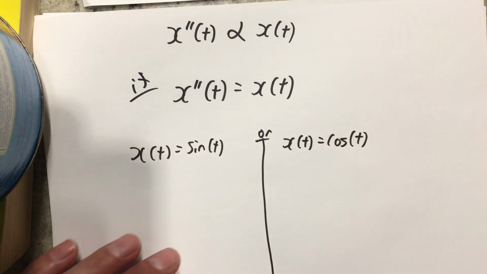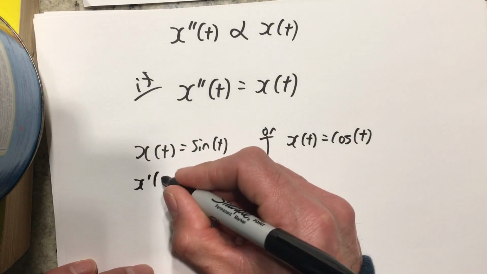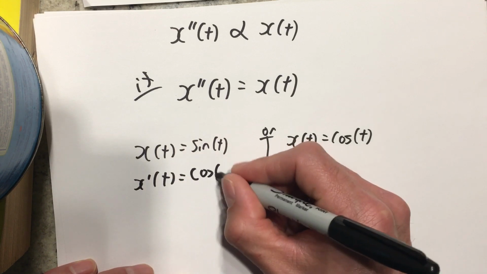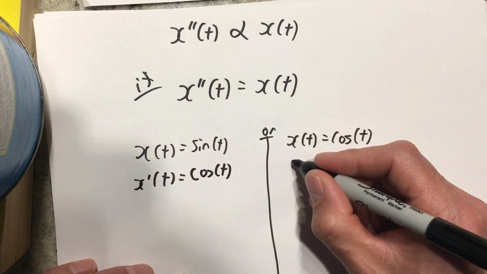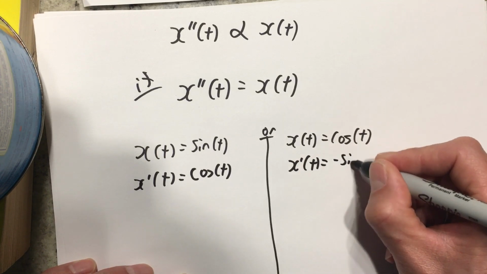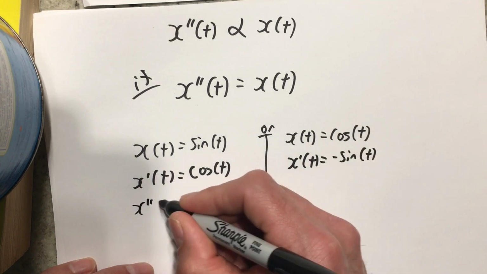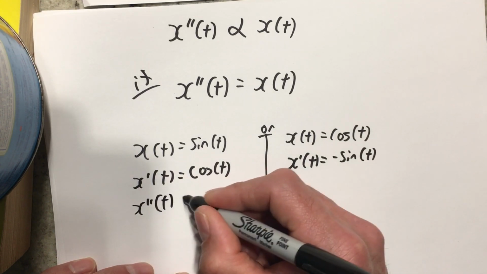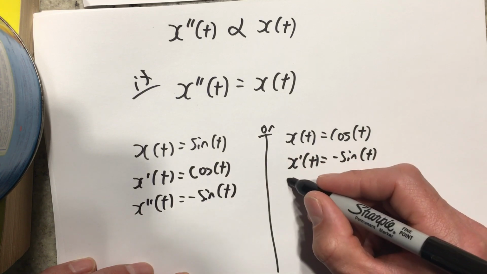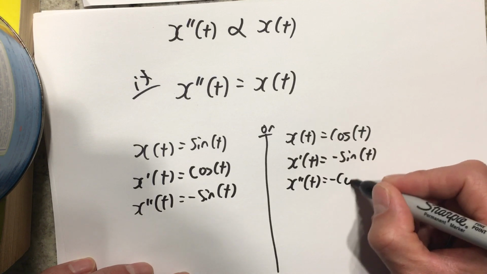In the sine case, the first derivative is the cosine, and in the cosine case, the first derivative is the negative of the sine. The second derivative in the sine case is negative sine, and in the cosine case, the second derivative is negative cosine.